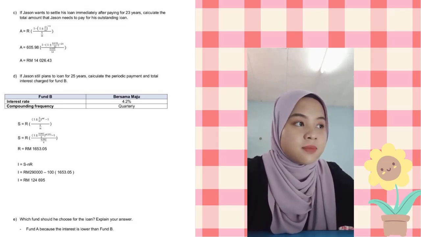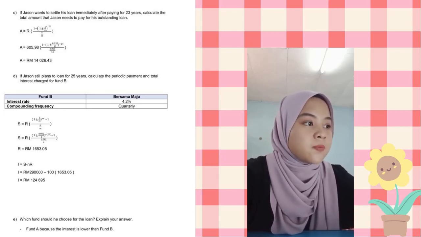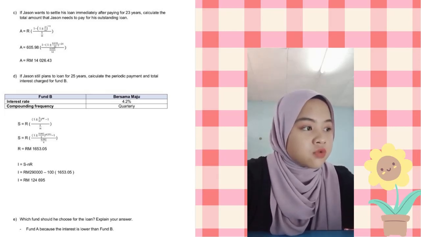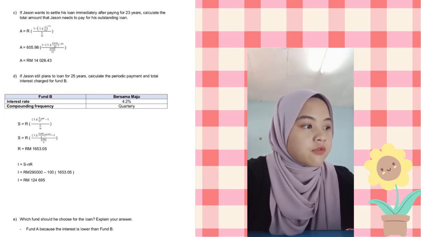So we move to the next question, which is question D. If Jason still plans to loan for 25 years, calculate the predicted payment and total interest charged for Fund B. So we use the formula S equal to R times ((1 plus k over m) to the power of mt, minus 1) over k over m.